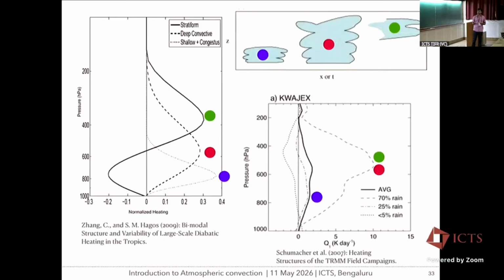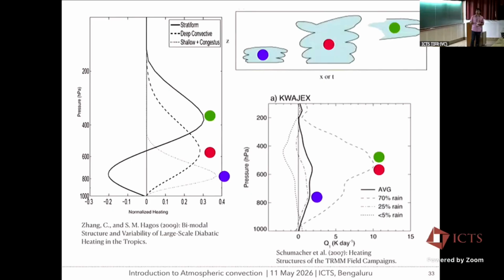But this is a plot from Schumacher et al., 2007, who looked at heating structures of TRMM data, which is satellite observed data. And you can actually see the different heating types. What Schumacher and others did is they separated the rainfall into different intensities, and they defined that the higher intensity rainfall comes from deep rainfall, and lower intensity ones are stratiform rainfall.